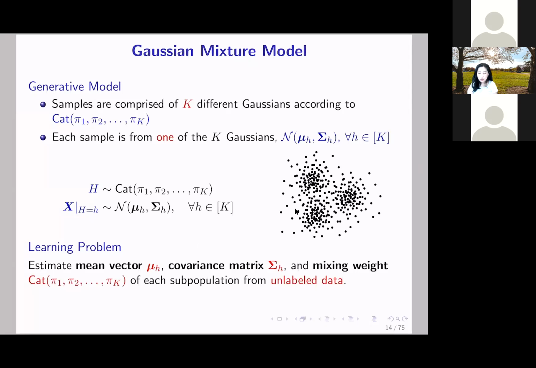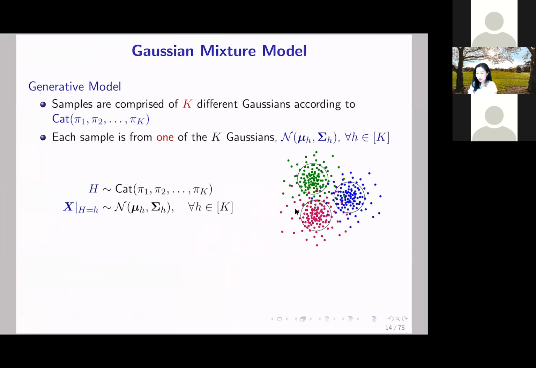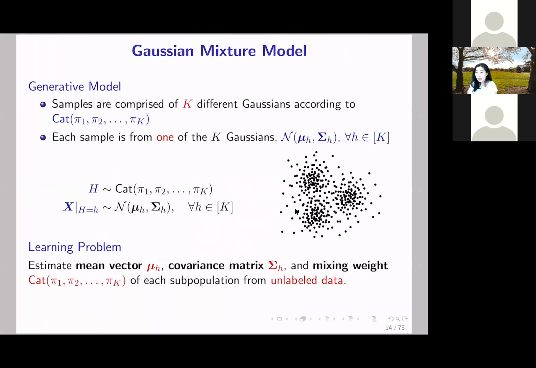This is what I mean by a data generating process. Apparently that is not something we will know. And essentially, if we knew it, then the learning would become trivial. The whole point is that we want to learn this data generating process, or the generative model.